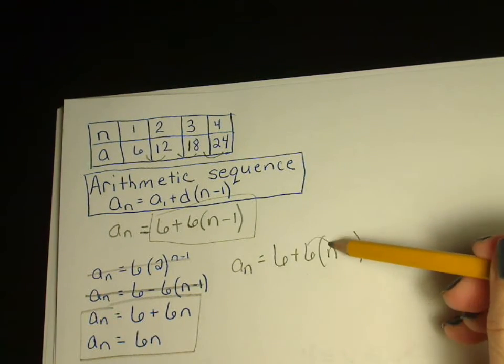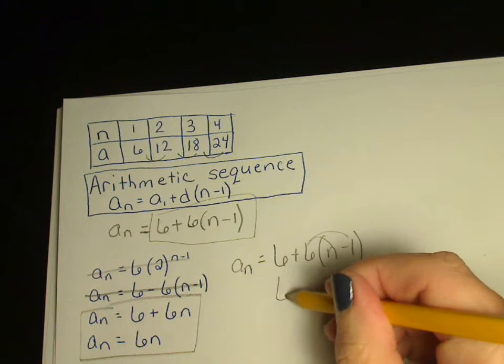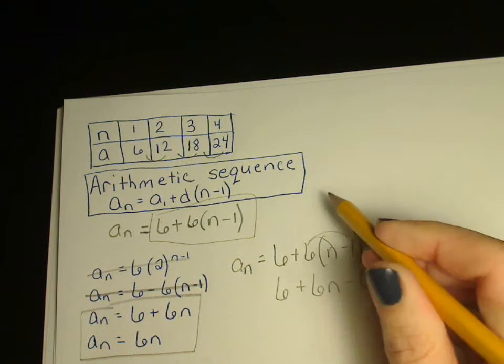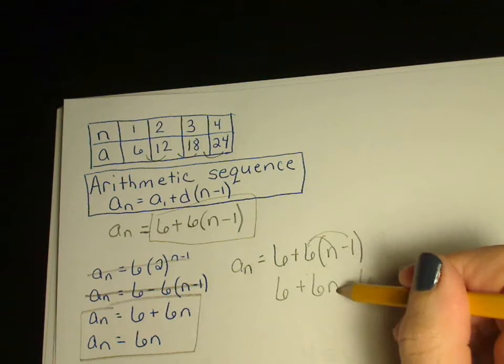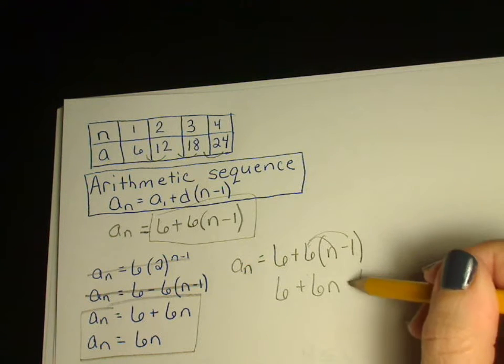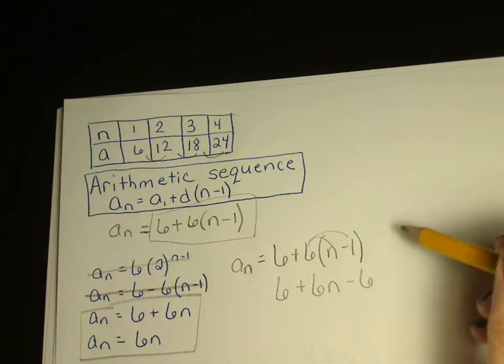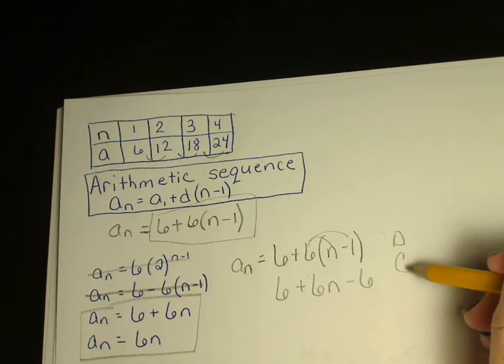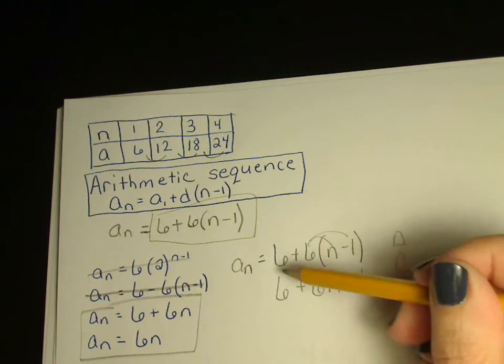So you're going to do the distributive. So 6 times n is 6n, and 6 times a negative 1 is a negative 6. That was distributive. This is to combine like terms.